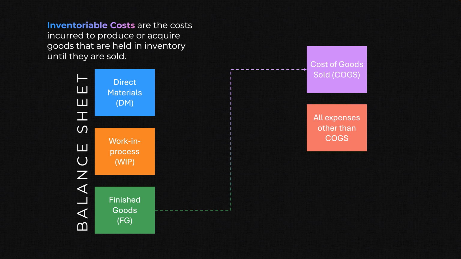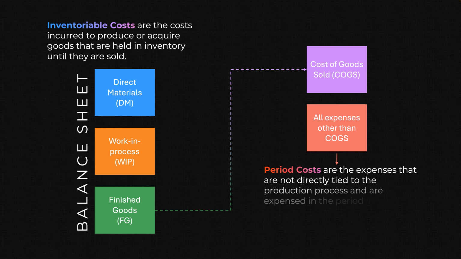Now, all expenses other than cost of goods sold related to the operating of the business, these are what we refer to as period costs, which are the expenses that are not directly tied to the production process and are expensed in the period in which they are incurred. That means these are the costs on the income statement other than the cost of goods sold.